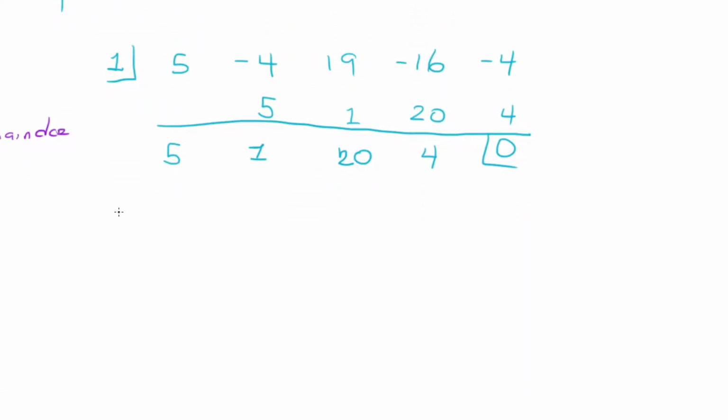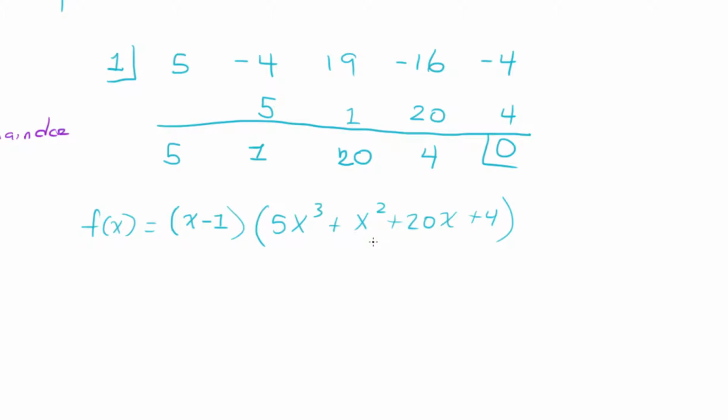So I'm going to write f of x equals x minus 1, this one right here, right? The one that gave us 0, and the new polynomial, 5x cubed plus x squared plus 20x plus 4. Okay? Now notice that this is not a quadratic equation.